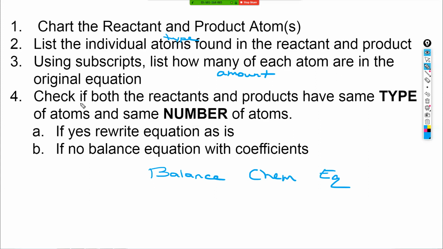What you need to do then, step 4, is check if both the reactant and product have the same type and the same amount. That is the key. These two things are what we're trying to get. If yes, just rewrite the equation. If no, I'm going to show you how to balance it by tweaking it with coefficients. Again, I would pause the video and make sure you get these steps down.